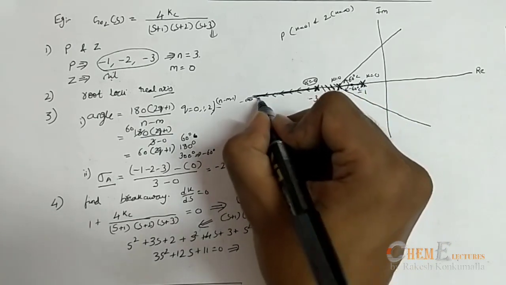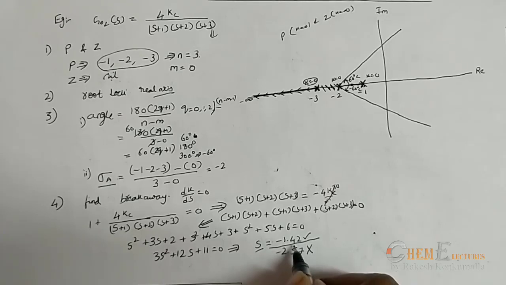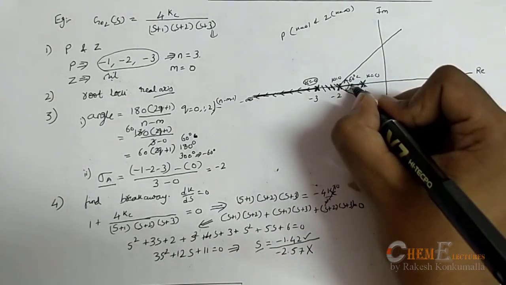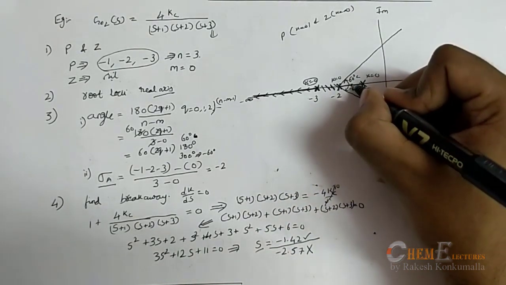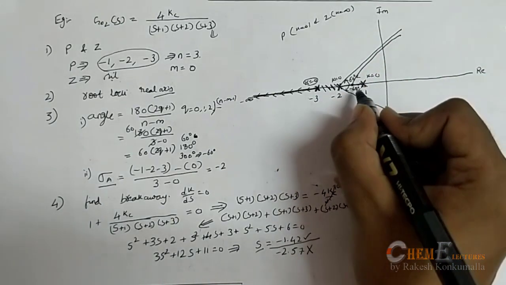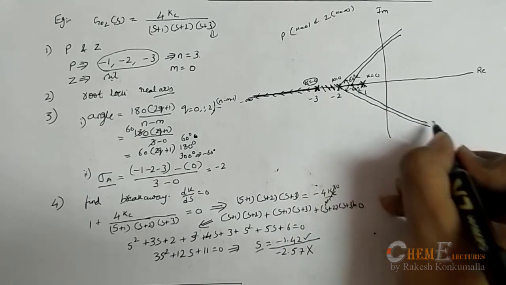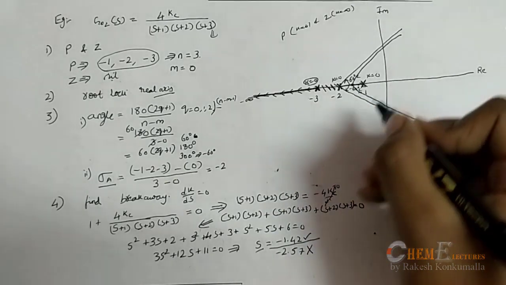This is my first root loci, and I got a breakaway point at minus 1.42. Somewhere it will be here. From here I will draw the root loci heading towards infinity with respect to the asymptote. It will be in this manner.